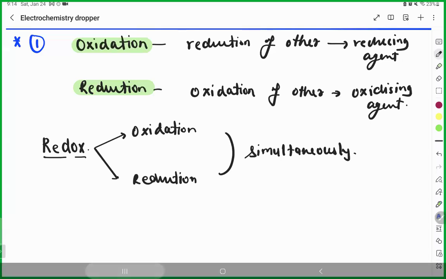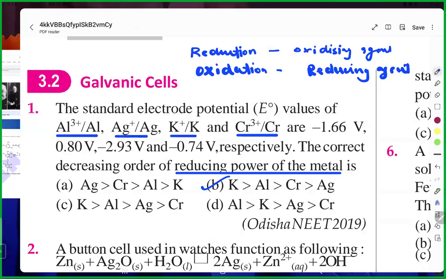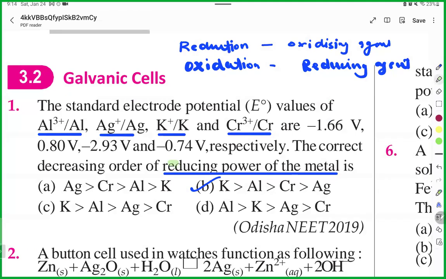In this question, when you have reducing power of the metal, it means it can cause reduction of other. And when it causes reduction of other, it itself undergoes oxidation. So you need to know which element will undergo oxidation.